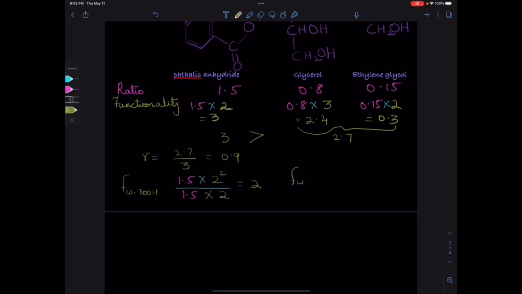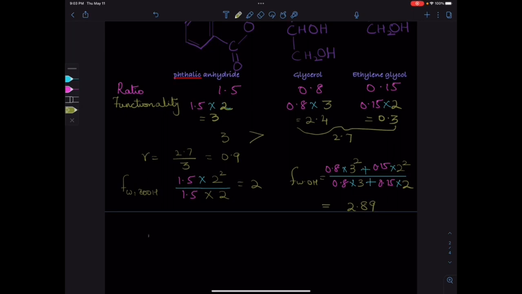And the weight average functionality for the hydroxyl group would be 0.8 times 3 squared plus 0.15 times 2 squared, over 0.8 times 3 plus 0.15 times 2, 2.89.